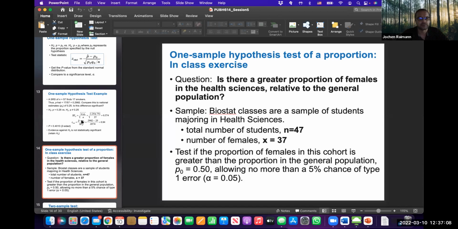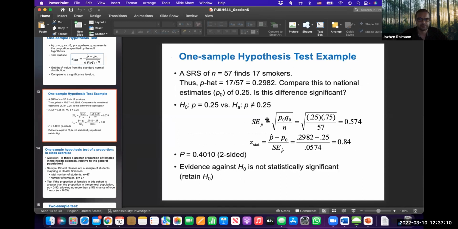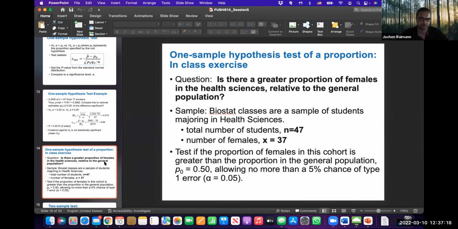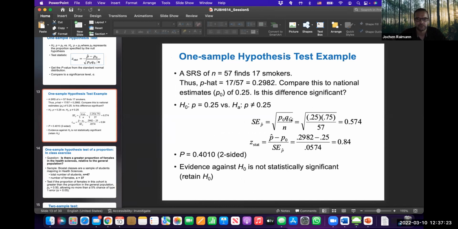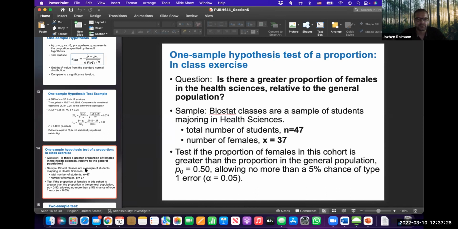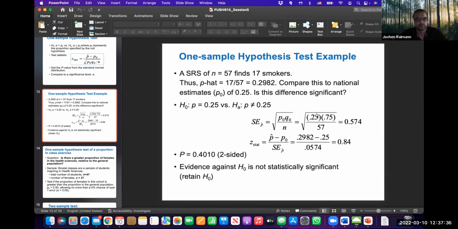But essentially, you would do it in the same way, right? So you have a one sample test. You again calculate your P0, which is 37 divided by 47. Then you have your Q0, which is actually 47 minus 37, so this is 10 divided by 47. You get your proportion of females multiplied by the proportion of non-females, divided by the overall count, 47.